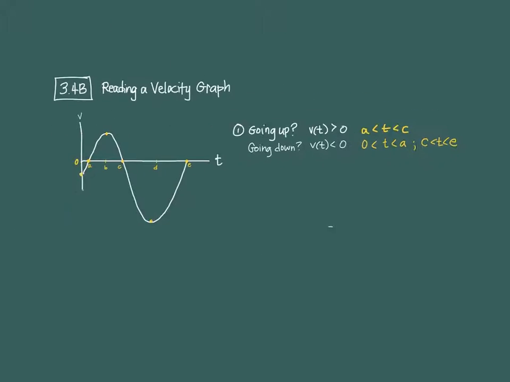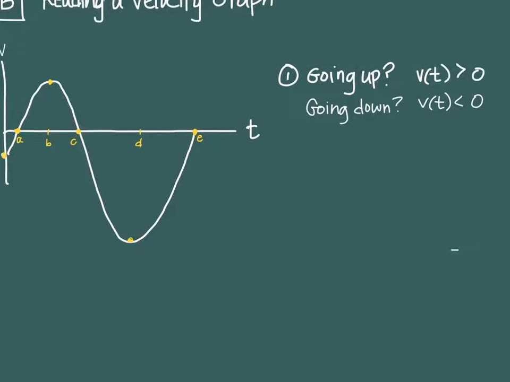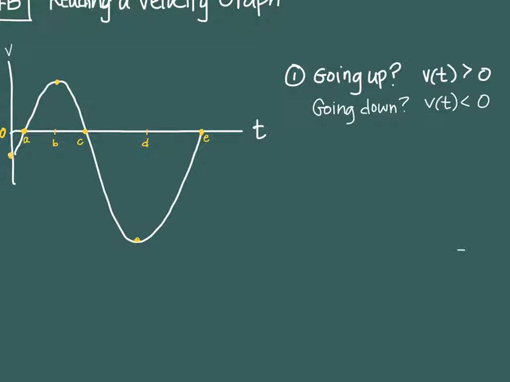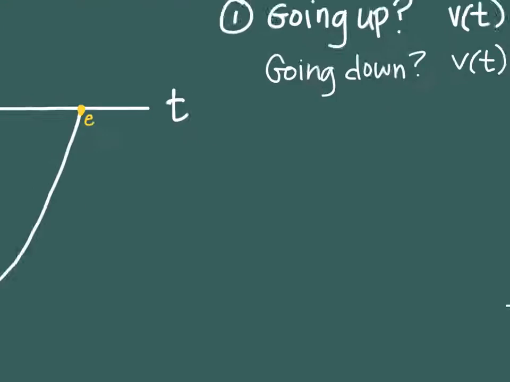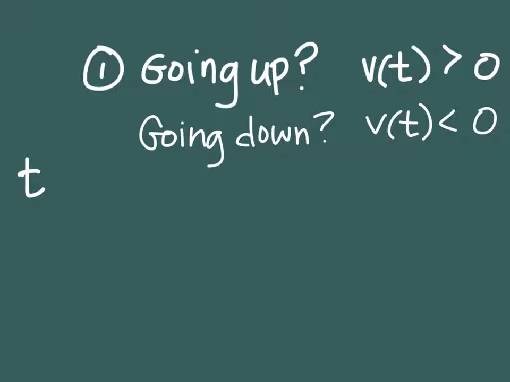As long as you go back to the definition of what the question means, and you don't distract yourself by the sections of the graph that you think are going up and going down, go back to what the definition means. And then a follow-up question would be, when is it at rest?